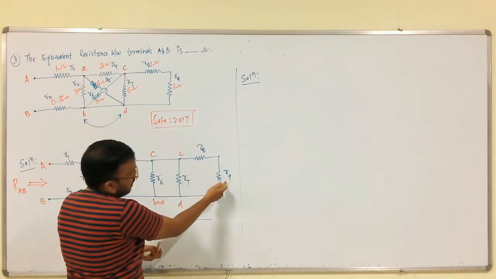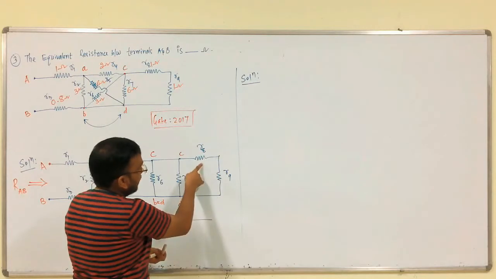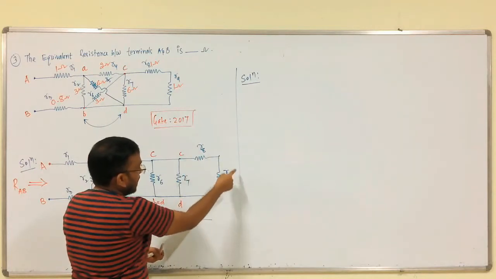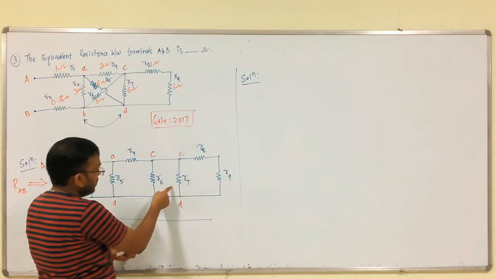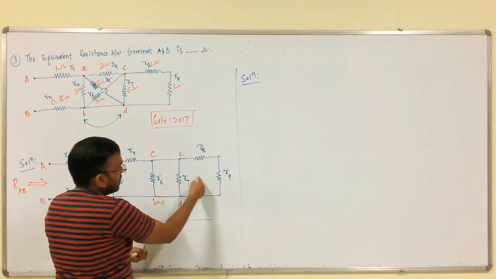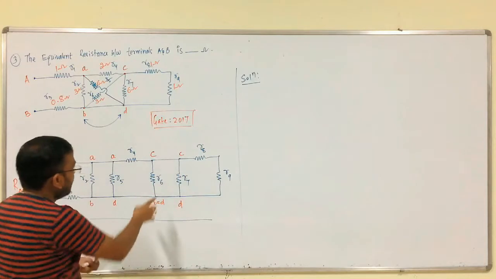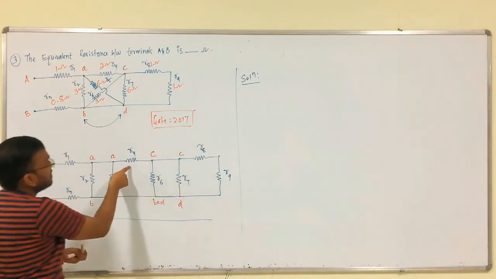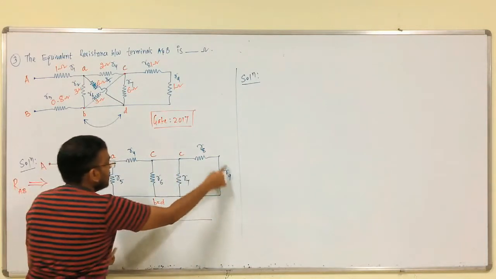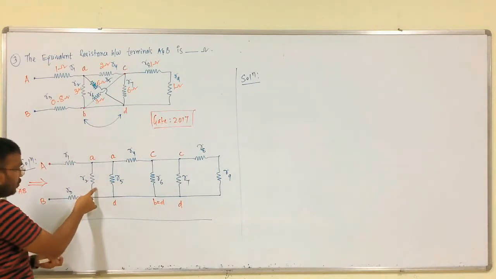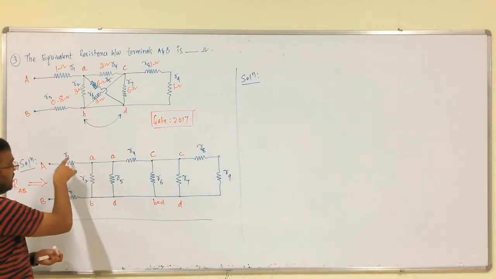So, R8, R9 are connected in series, R8 plus R9. This combination is connected in parallel with R7, R6, clear. Then this whole combination is connected in series with R4, and the whole combination is in parallel with R5, R2, and the whole combination is in series with this.